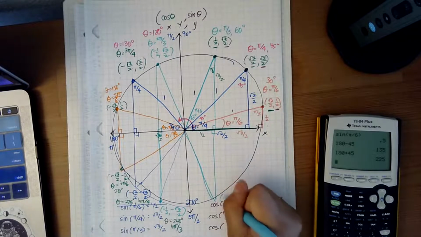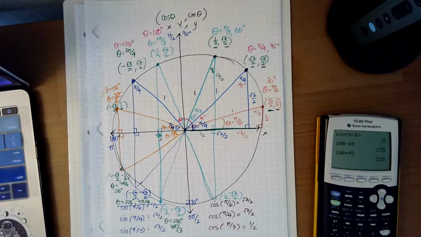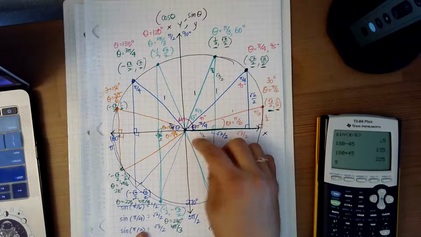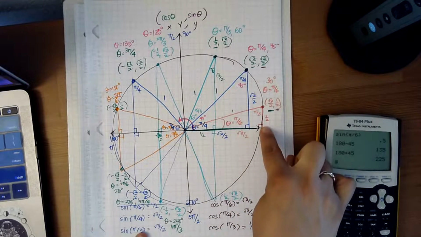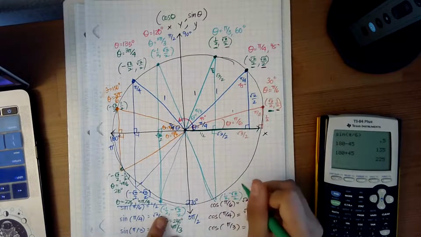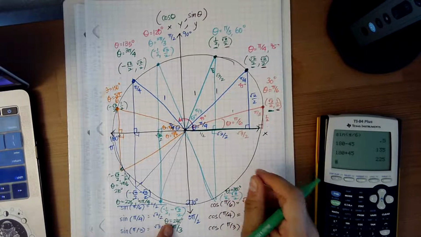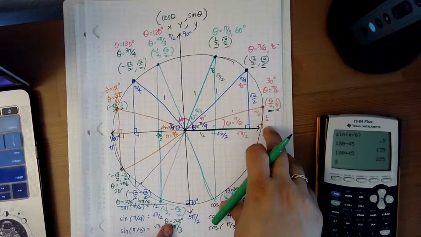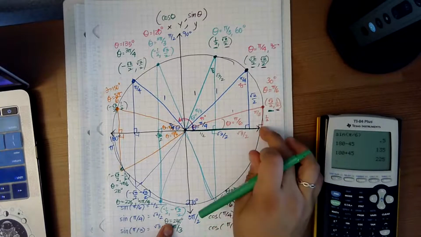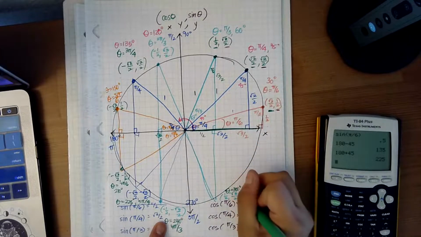So it's going to be 1/2, comma, negative radical 3 over 2. And let's talk about this. This right here is a 60. So 360 degrees minus 60 is 300. So theta is equal to 300 degrees, or 12 pi over 6, right? I mean, sorry, 6 pi over 3, take away pi over 3, 5 pi over 3.